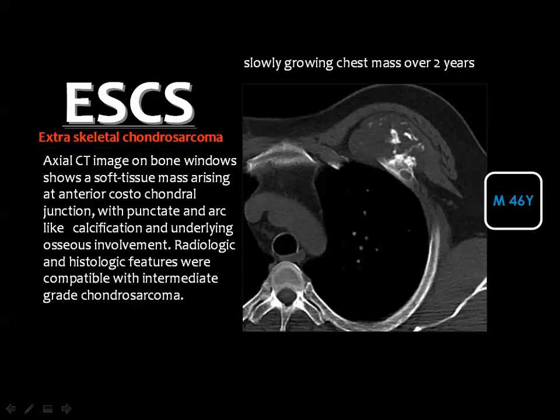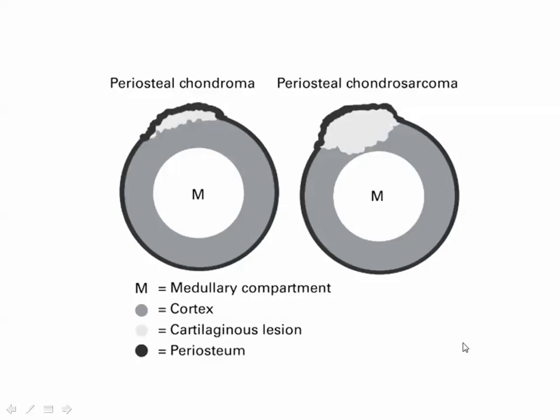And this is another example for a tumor arising from or adjacent to the cortex of the rib. You see the soft tissue mass with matrix calcification. And this is the difference between parosteal or periosteal chondroma and periosteal chondrosarcoma.